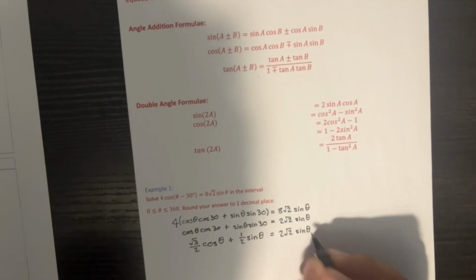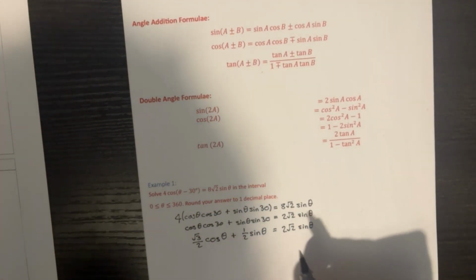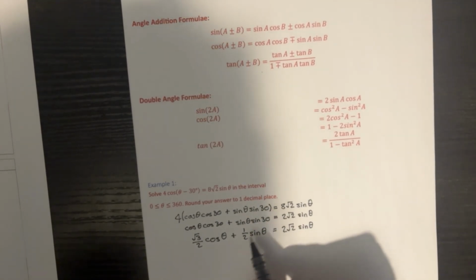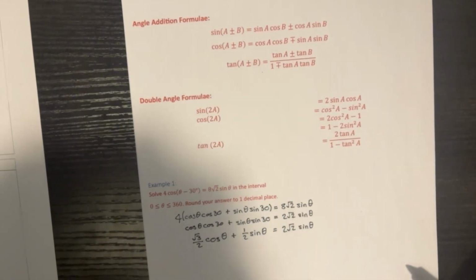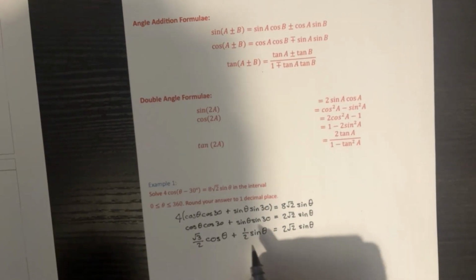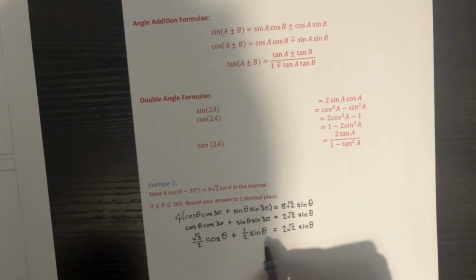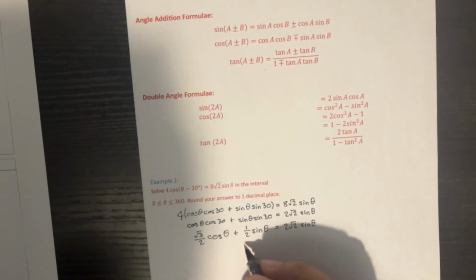And now I can bring everything with sine theta on to one side and everything with cos theta on to the other side. So I can subtract the half sine theta I've got here from both sides.